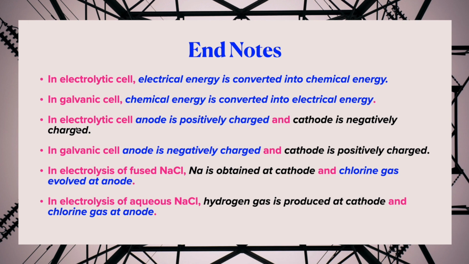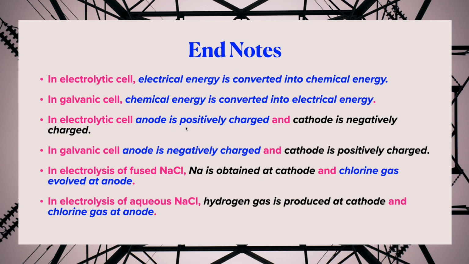Now in electrolytic cell, remember, anode is positively charged electrode and cathode is negatively charged electrode. And in galvanic cell, anode is negatively charged and cathode is positively charged. But at anode, in both these cells, oxidation takes place.